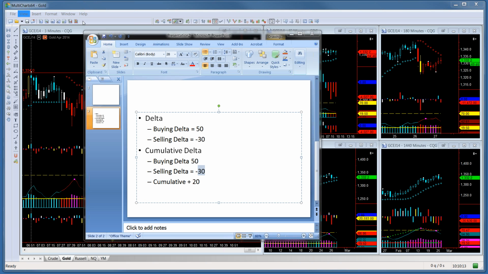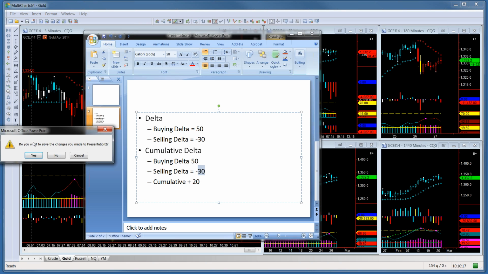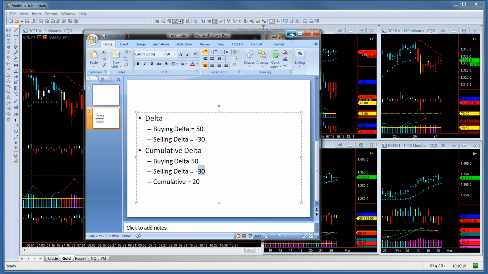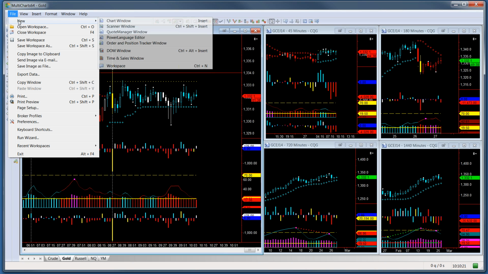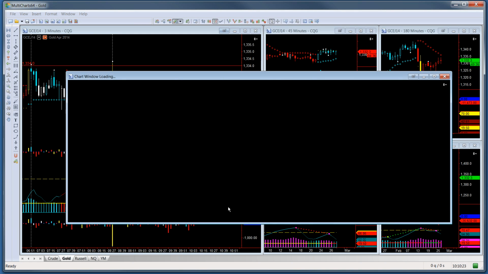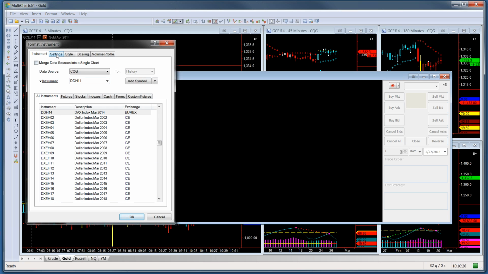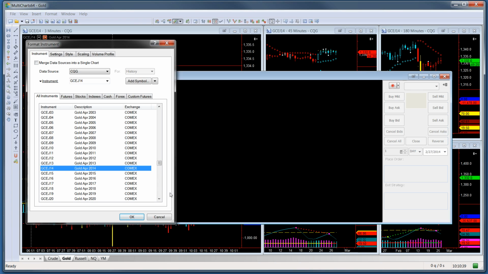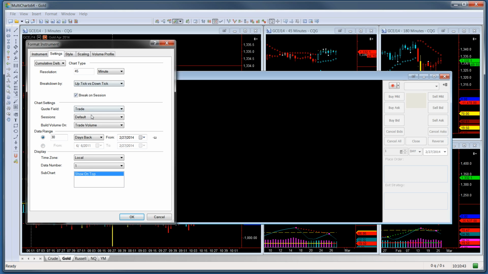In TradeStation, you can do it, not in TradeStation, I'm sorry, in MultiCharts. If you go to File, New Chart Window, and what is that gold? When you click on Settings in MultiCharts, you do cumulative delta.